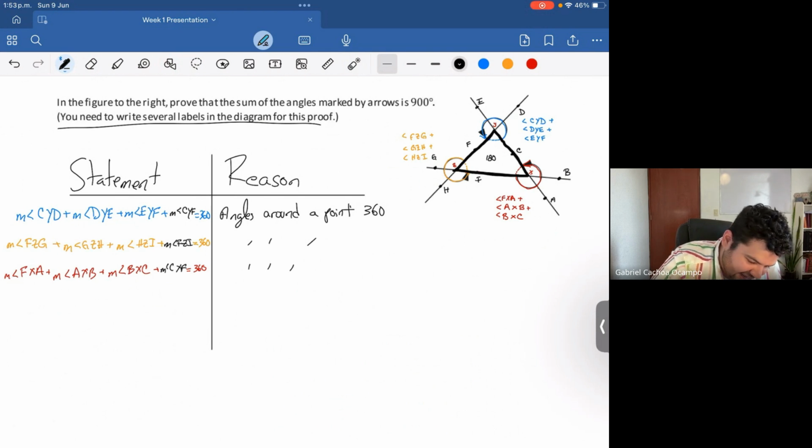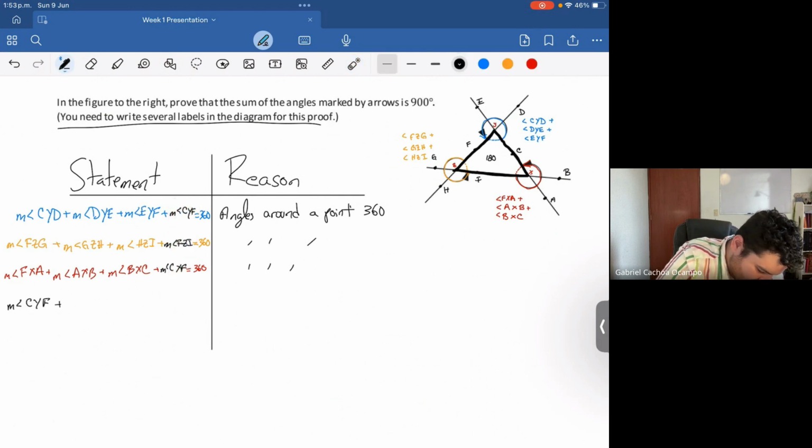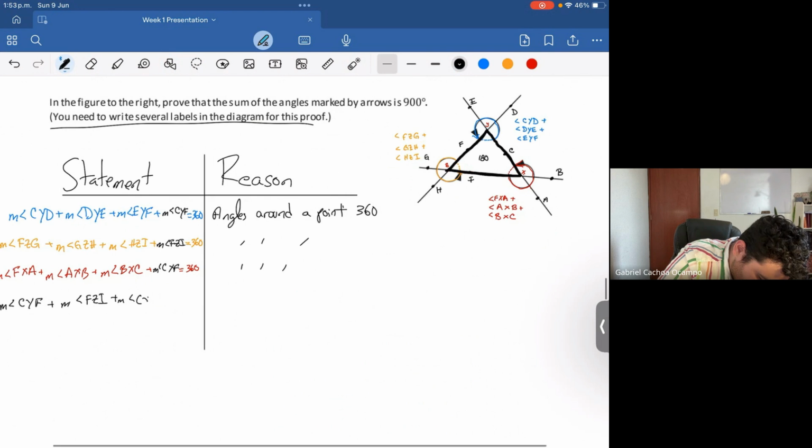Then angles CYF, this one plus this one plus this one, plus angle FCI plus angle CXF equals 180. And that is angles in a triangle.